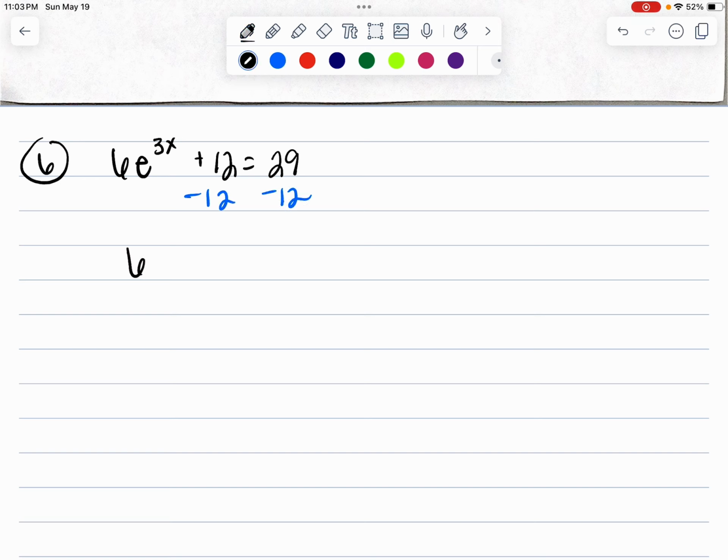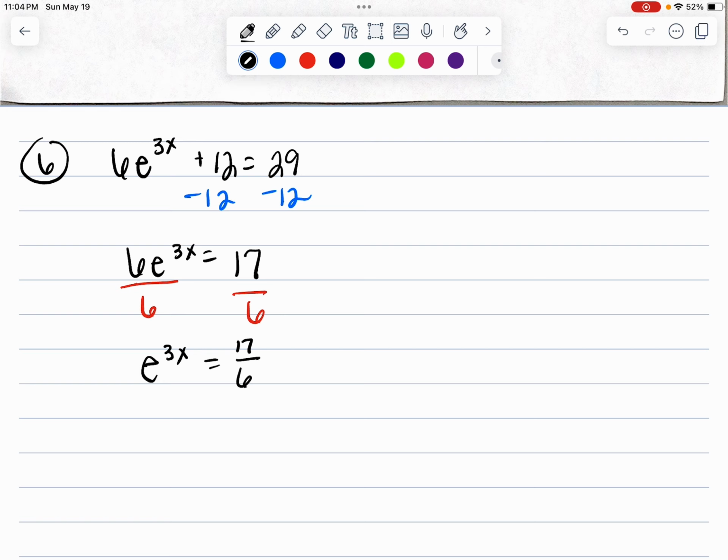So I get 6 times e to the 3x equals 17. And then divide both sides by 6 to isolate that e to the 3x power. I'm just going to leave it as 17 over 6 for right now. No reason to try that as a nasty decimal because that's exactly what that is.